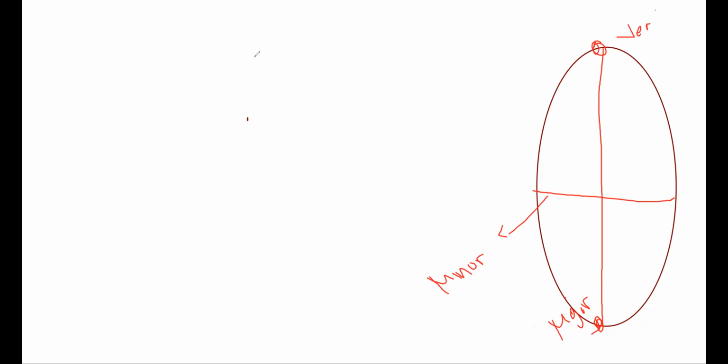In the vertical ellipse, as I told you, the greater one is the major and the smallest one is the minor. So this is a minor and this is a major. The endpoints of the major we call vertices, and the endpoints of the minor we call co-vertices.